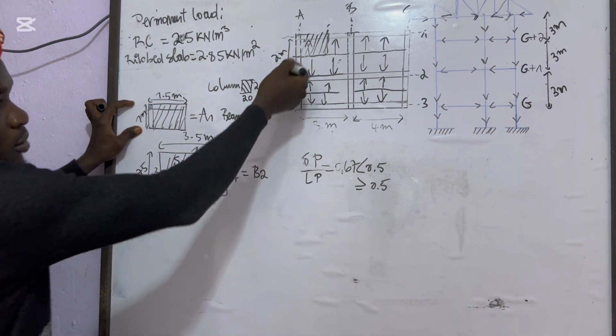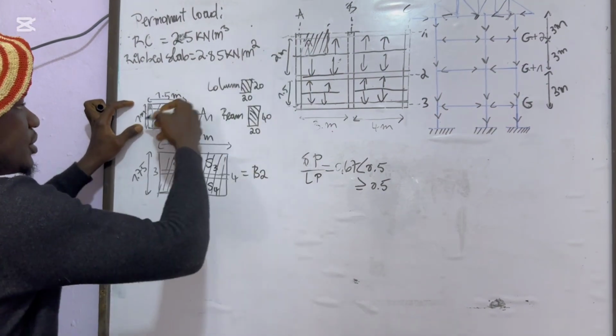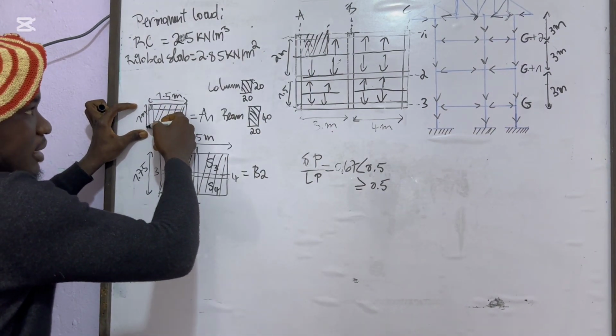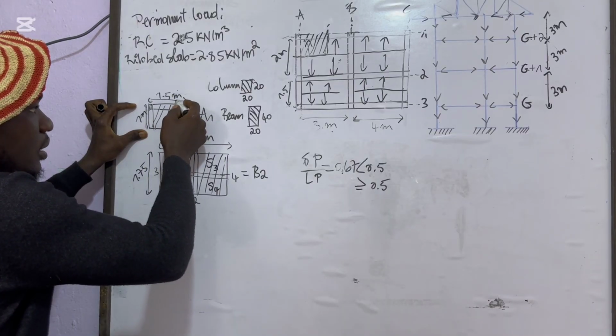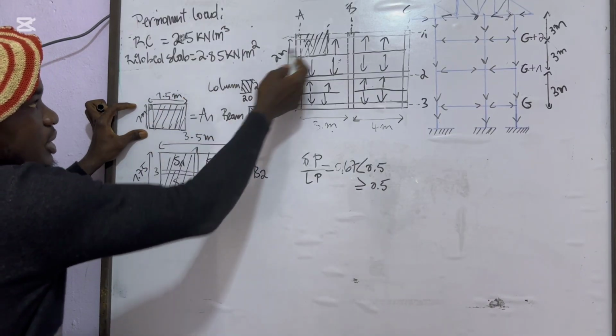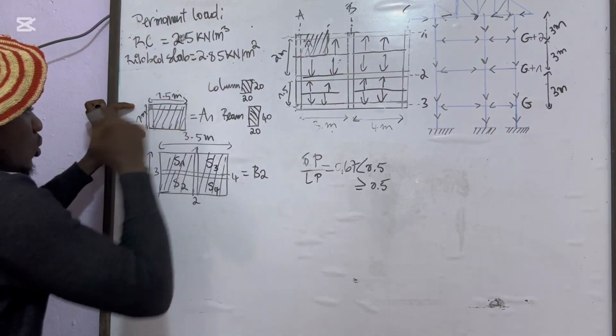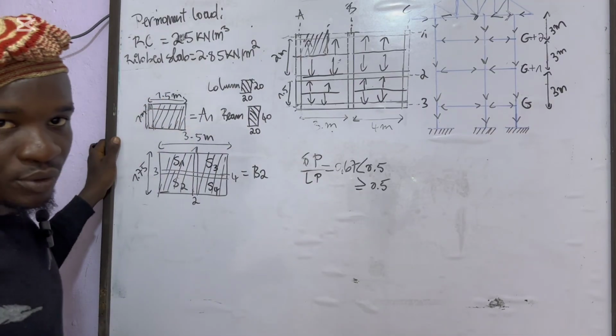The width will be half of this span of 2 meters, which is 1 meter, and the length will be half of this span of 3 meters, which is 1.5. This is how you present it.